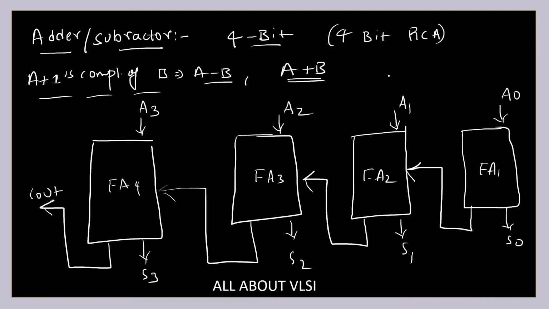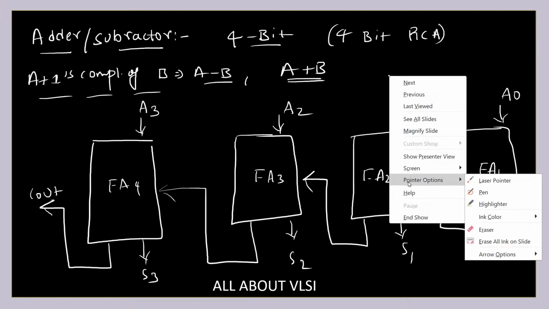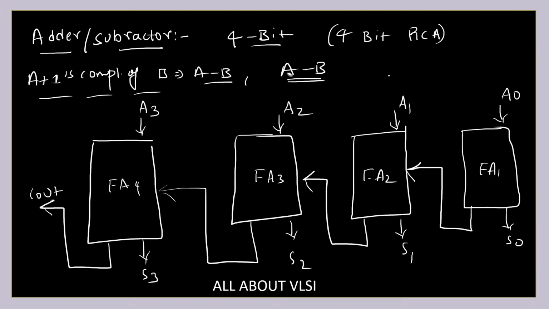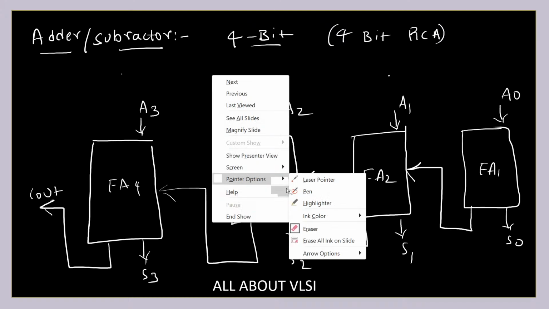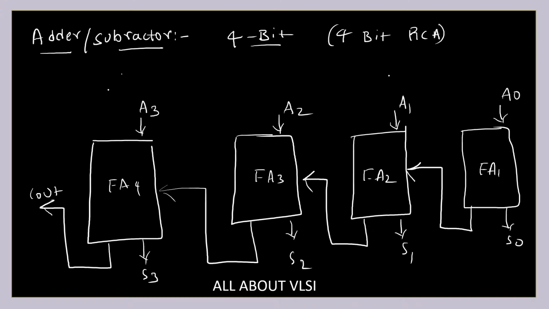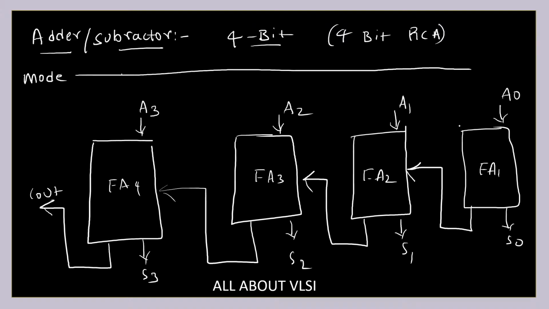So what we are going to do is simply take the input which is being connected to the XOR gate. Let me show you how I'm going to consider it. I'm going to take a mode signal and it is connected all over here.